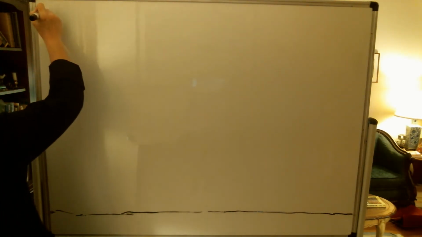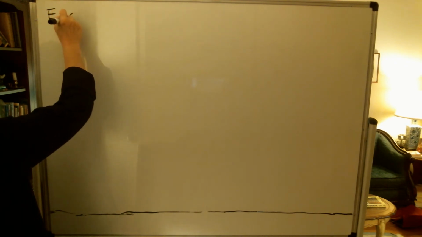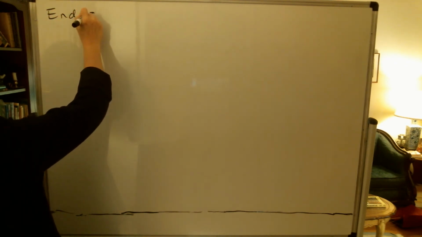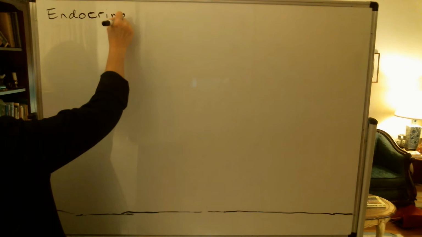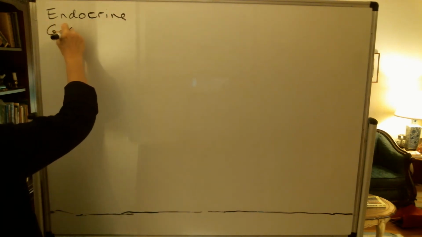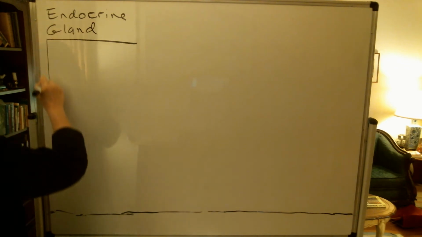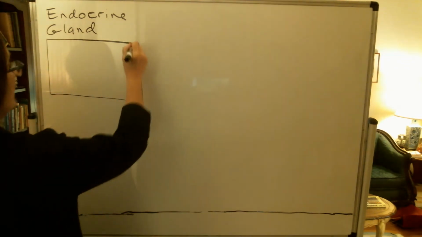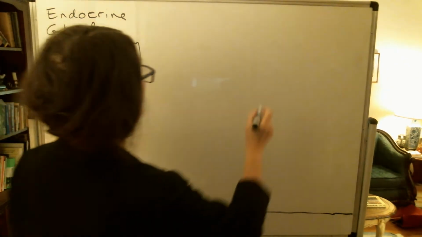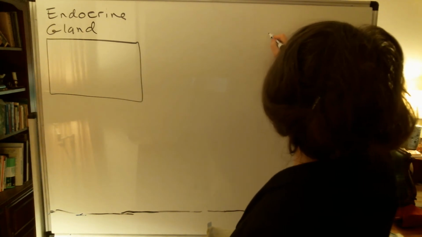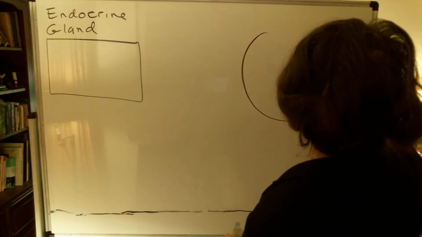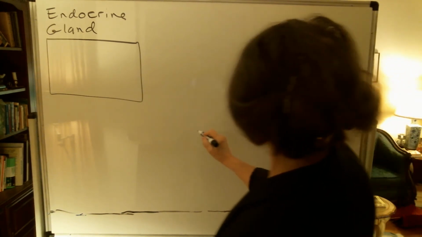So again, we have an endocrine gland. Here it is. And as before, we have our cells.